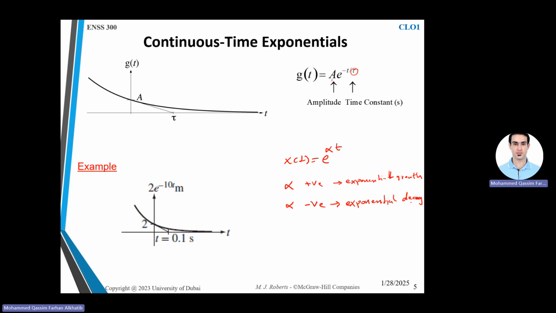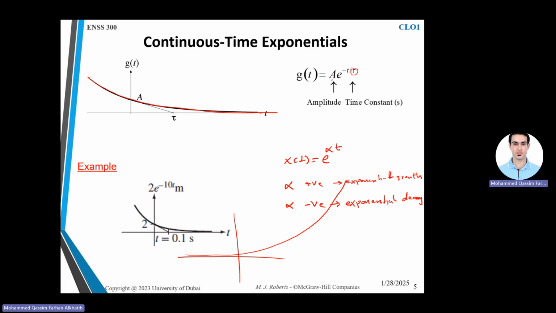So this is an example of exponential decay: since the exponent is negative, it keeps going, and when time goes to infinity, the signal approaches zero. Exponential growth is kind of the mirror image, something like this. That's exponential growth.